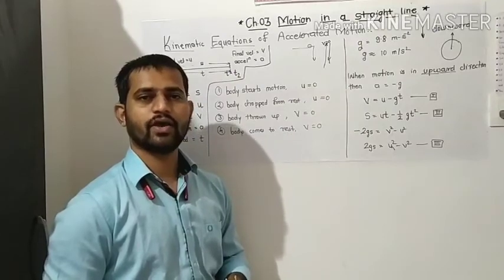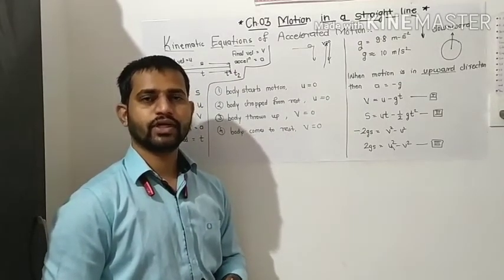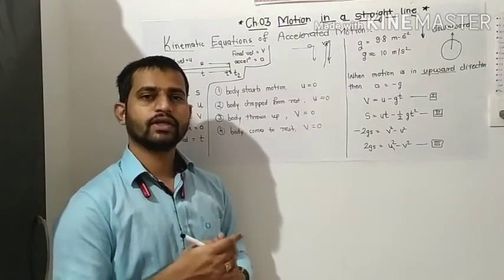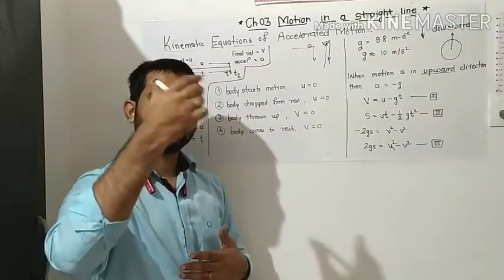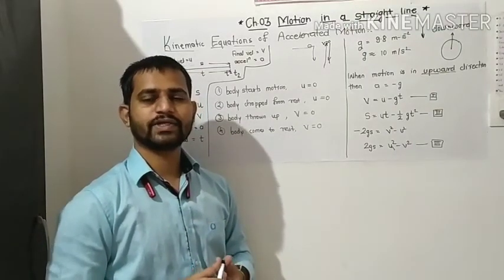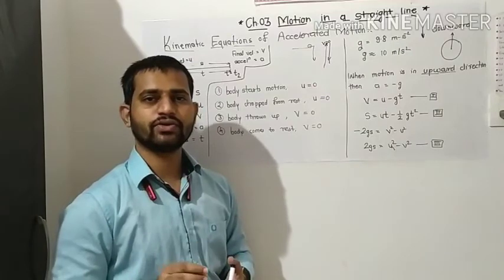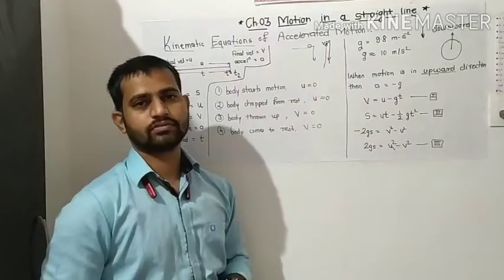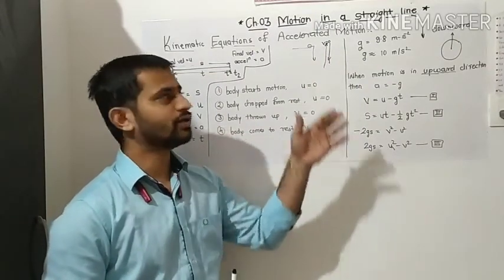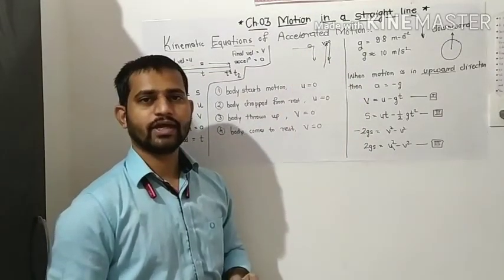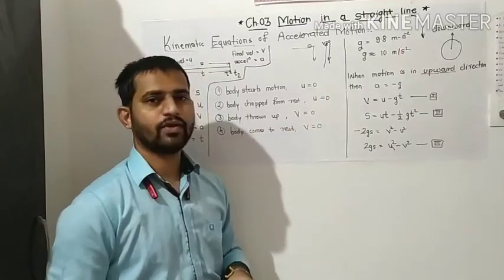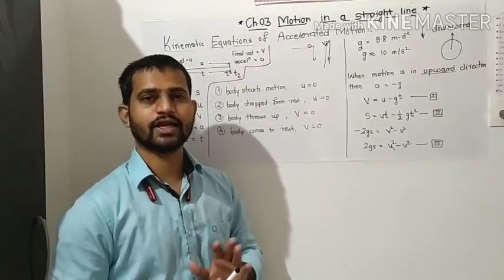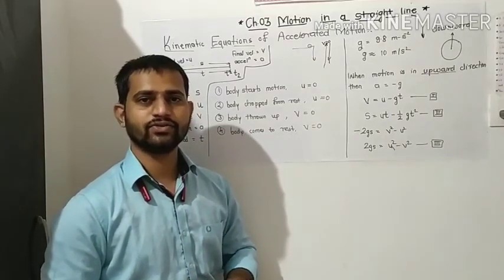When the body is thrown up, it travels up until its velocity becomes 0, and then it drops down from that position. So at the top the final velocity v is equal to 0, and when the body comes to the rest, also v is equal to 0.